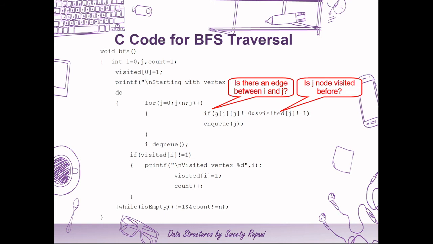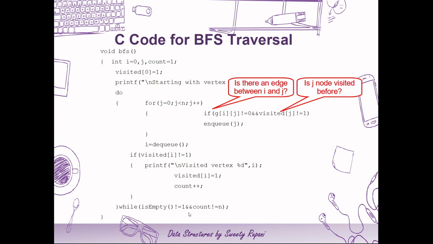Suppose that in an array of 10, we would have marked the whole row as 0. That shows that that particular row is not connected to any other nodes in the graph. So if your queue is empty, you don't have any more nodes to process, and this loop should not go into an infinite loop. For that purpose, this condition is kept, followed by the condition that count is not equal to n.